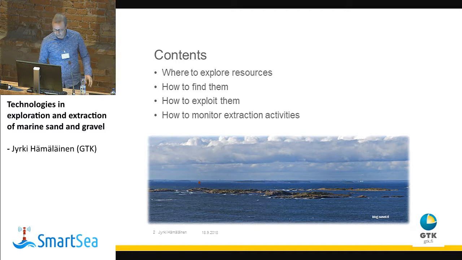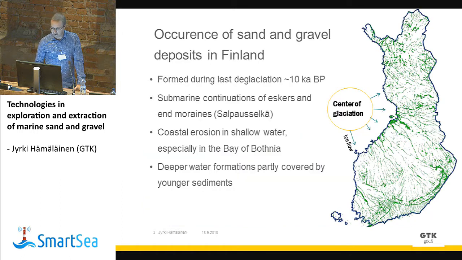So this is a map of the occurrence of the sand and gravel deposits in Finland on land. As you probably know, most of the sand and gravel deposits are eskers and end moraines, and they were formed in the last glaciation about 10 to 15,000 years ago.